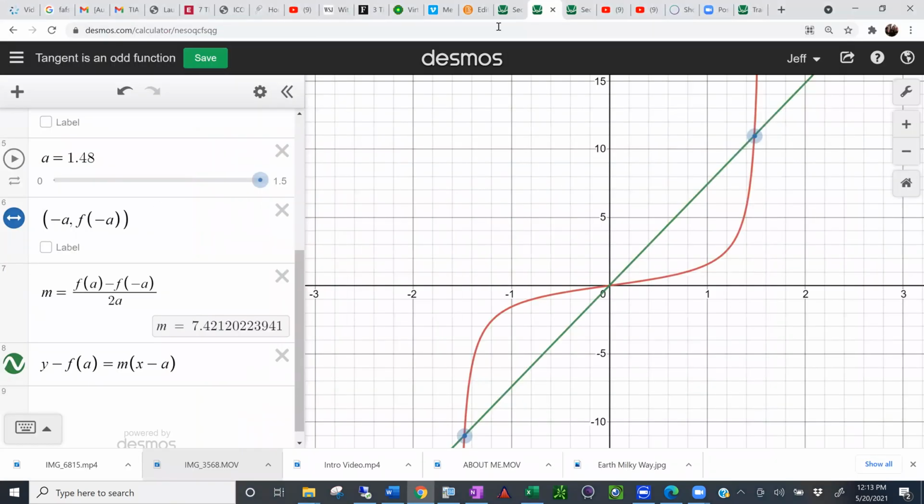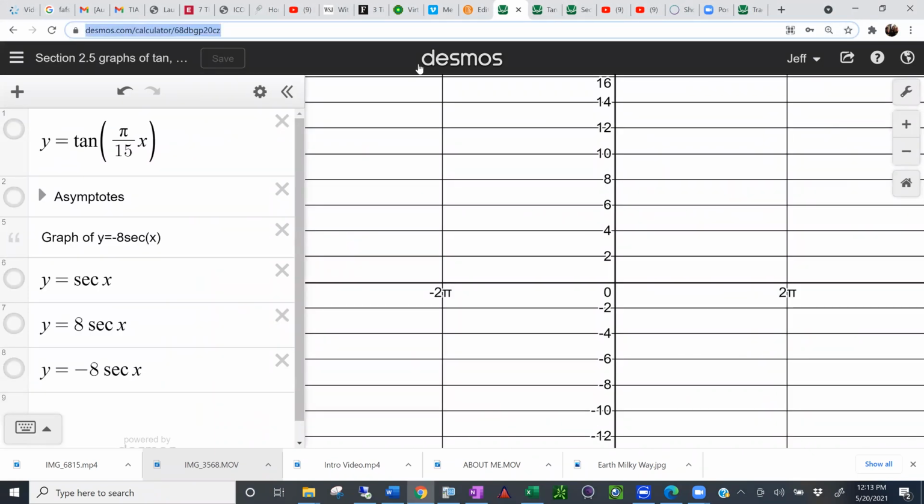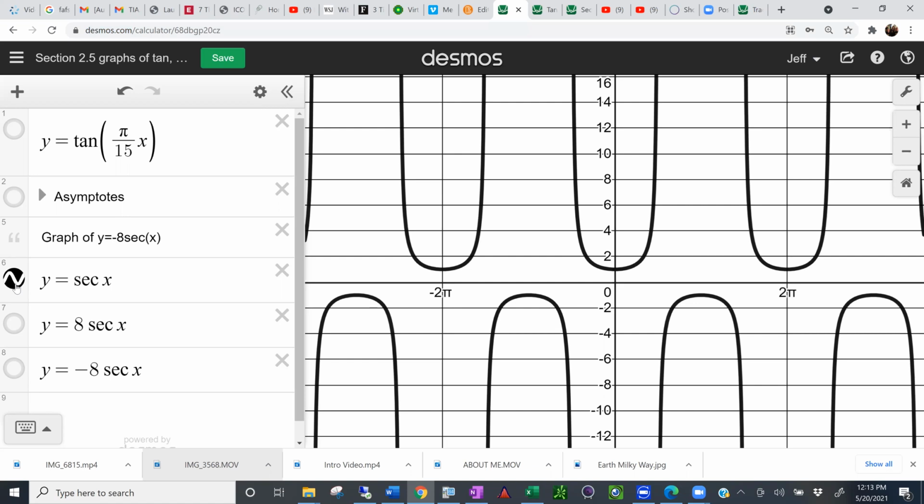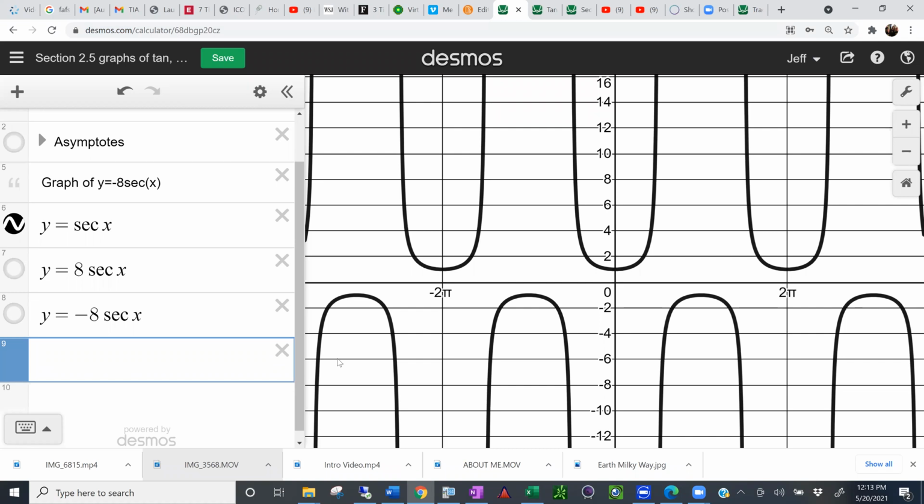So let's click over to this graph right here. And we can look at the graph of the secant, which is this graph. And then we're slowly going to change this. Now let's see. With respect to this first one, maybe it's not a bad idea to try and understand where these vertical asymptotes are.